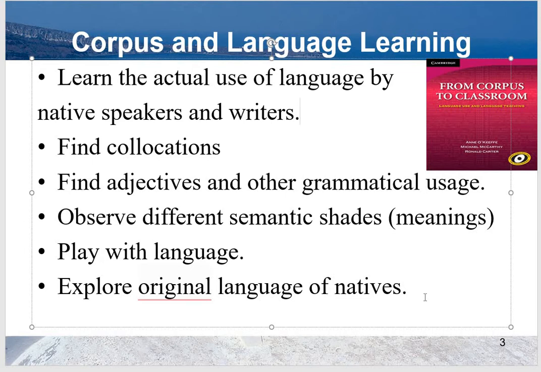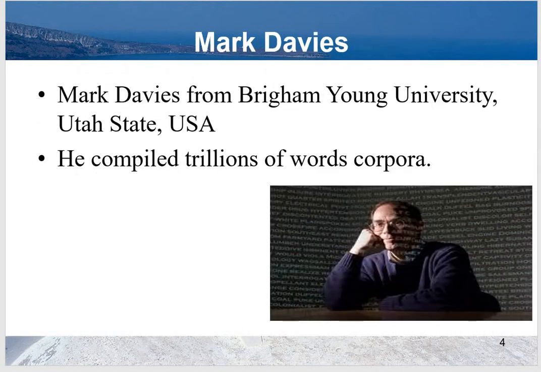For example, if you want to appear in IELTS exam, you can consult BNC, British National Corpus. If you want to appear in TOEFL, you should explore COCA, Corpus of Contemporary American English. So whatever you do, you can discover corpus according to your own profession or according to your own linguistic needs.